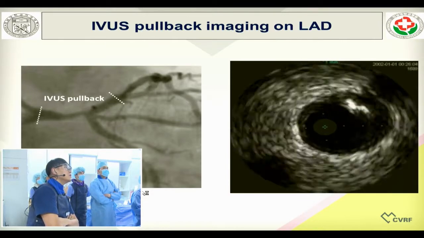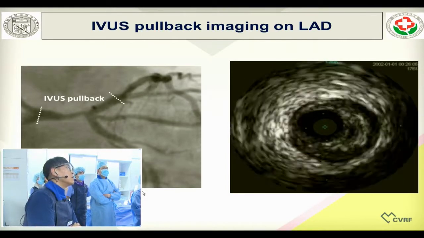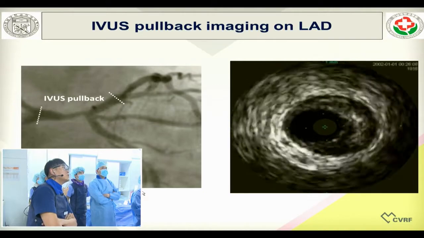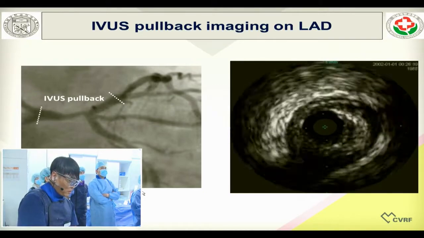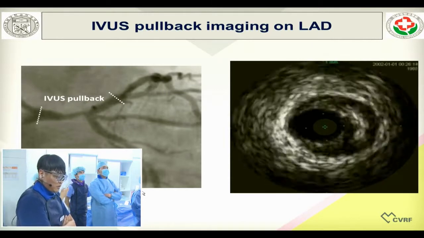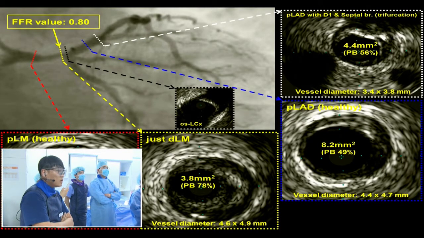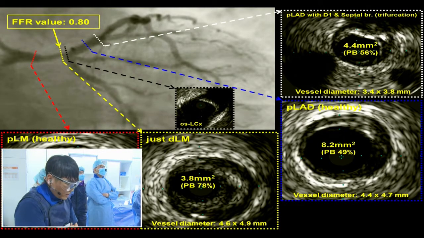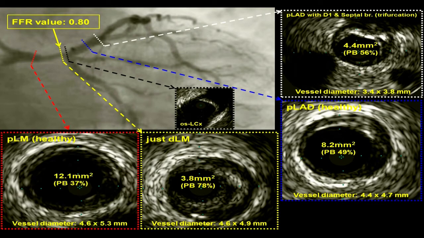Here is the tight region, as Professor Park mentioned. The minimal lumen area is 3.8 square millimeters, and the plaque burden is about 78%. The distal reference lumen diameter is about 3.5, and the proximal reference lumen diameter is about 4.0 millimeters. So this is the summarized slide.